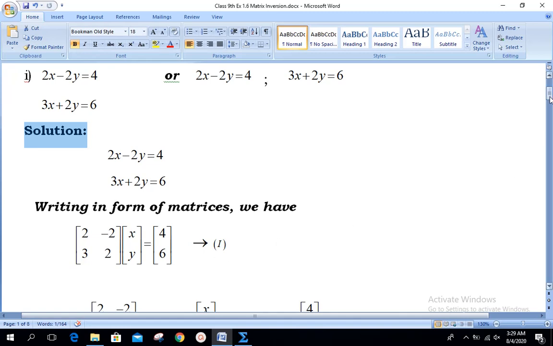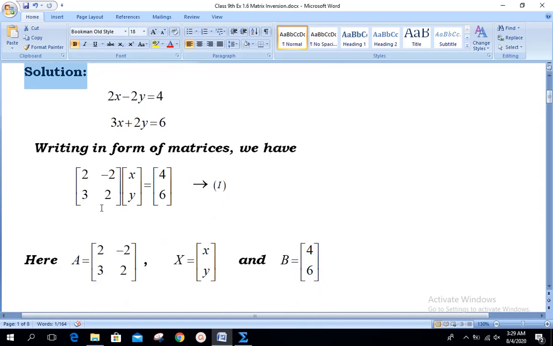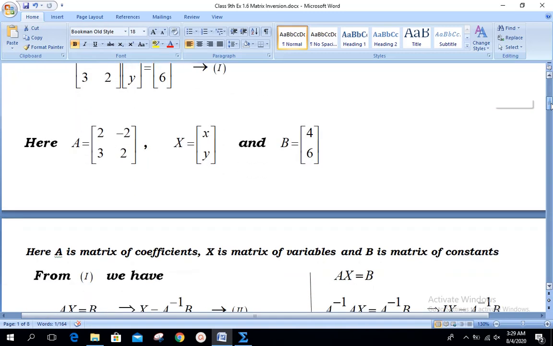We name the matrices as follows: the first one as matrix A, the second one as matrix X, whereas the matrix on the right hand side is named B. Viewers, you can observe here, we will use in the next steps A into X is equal to B. One more informative thing: what is A? You can see we made A from the coefficients of x and y. So A is a matrix of coefficients, X is a matrix of variables, and B is a matrix of constants.